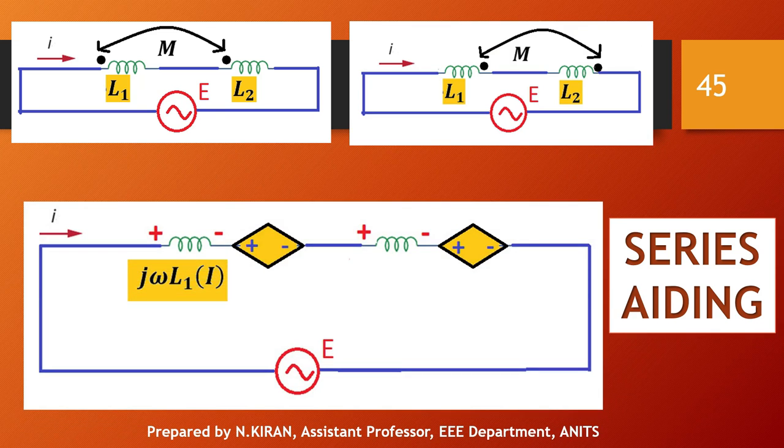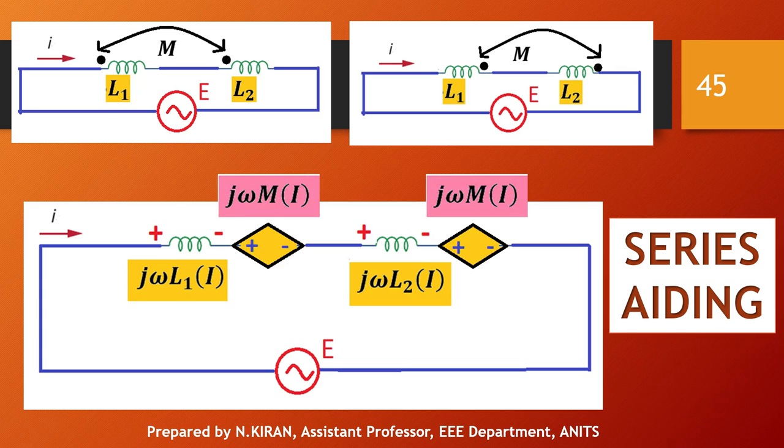The expressions will be j omega L1 into I in the first coil and j omega L2 into I in the second coil, that is the self-induced EMF, and the mutually induced EMF will be j omega M into I in the first coil and j omega M into I in the second coil.